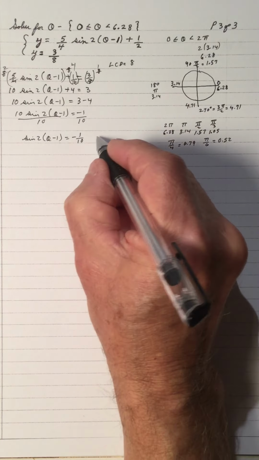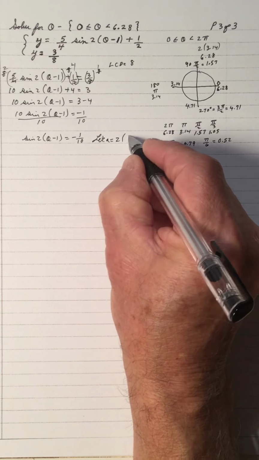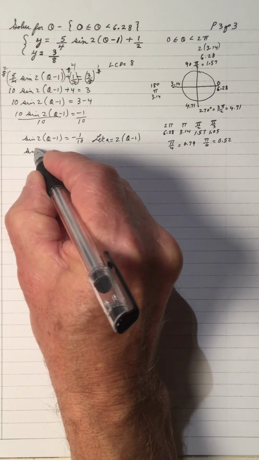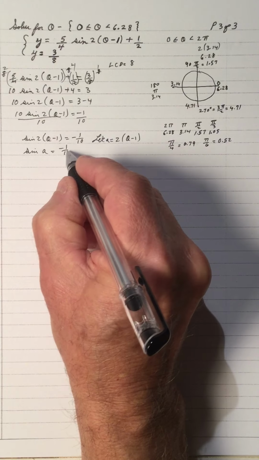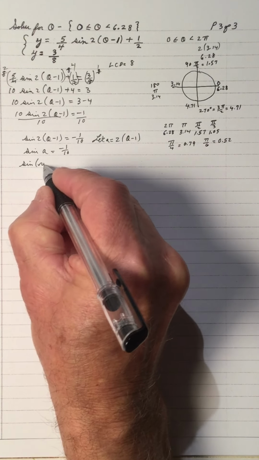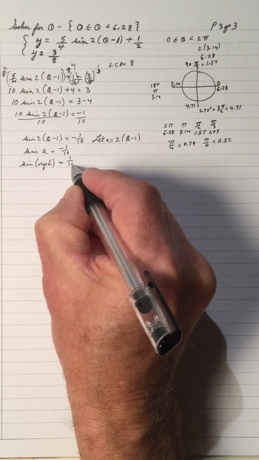So we let A equal 2 theta minus 1. So the sine of A is negative 1/10. Notice this is negative, so we'll do the sine of the reference angle is positive 1/10.